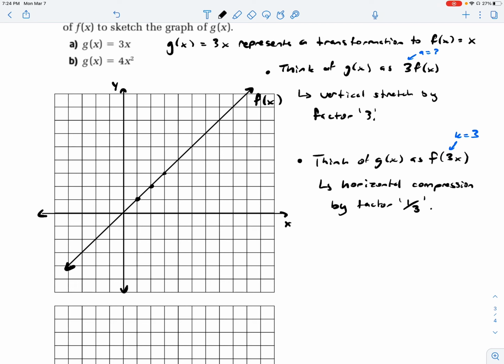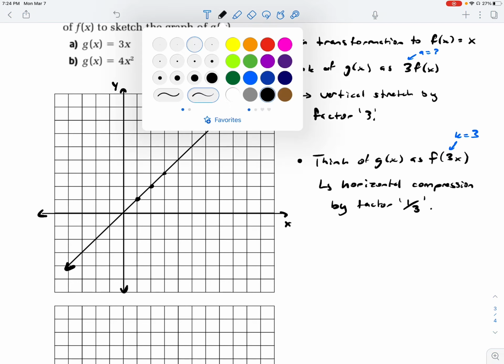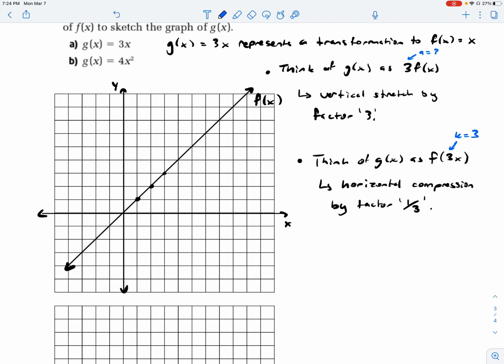So we don't need to set up a table of values. We can just do this visually. We'll do this one in blue. Here I have the point 1, 1. If I multiply the y value, because there's a distance of 1 here, by 3, my point ends up becoming up here at 3.